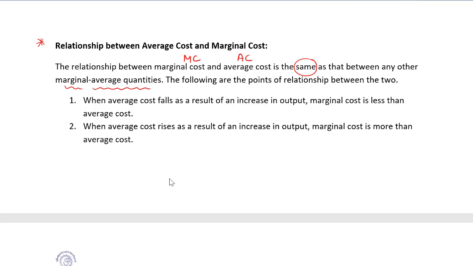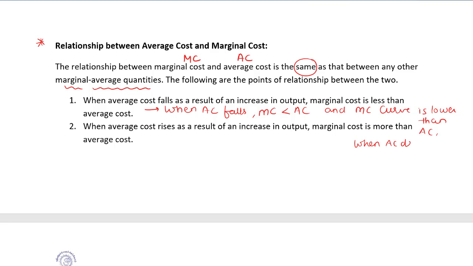What we need to remember over here is, when AC falls, MC is lower than AC, and the MC curve is lower than the AC curve when AC decreases. Understood?